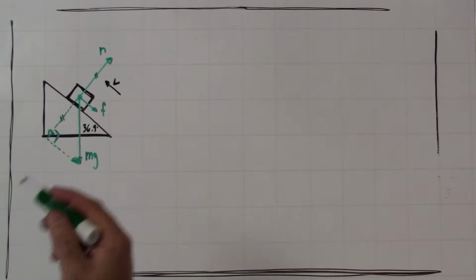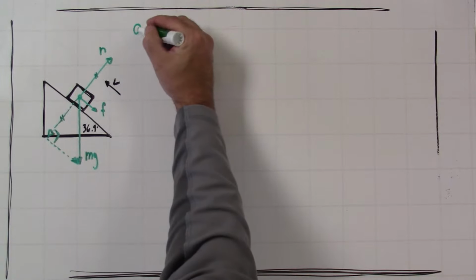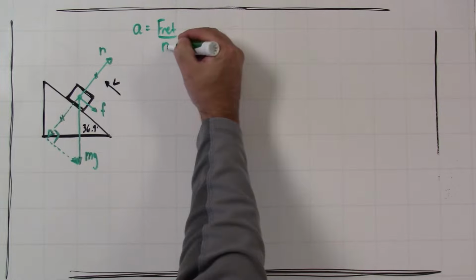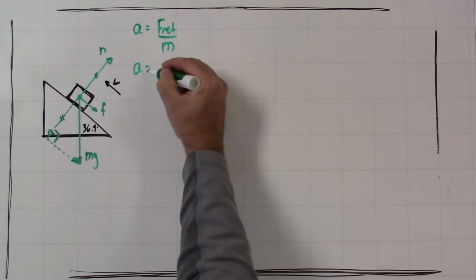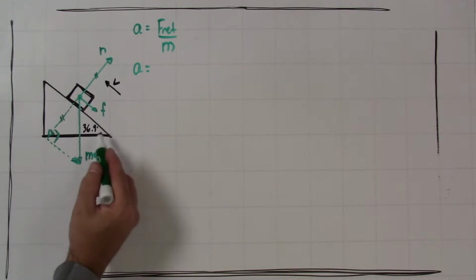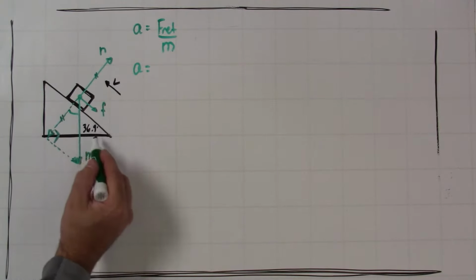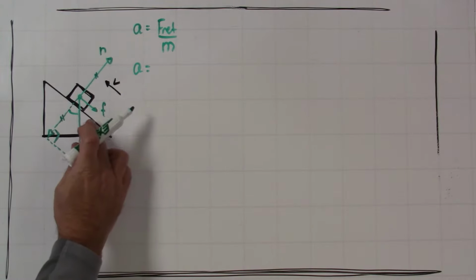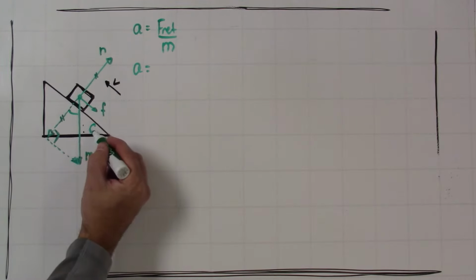So what that looks like if I draw it out is we know that the acceleration is equal to the unbalanced force over the mass. In this case, the acceleration is equal to this component right here, given this angle, the same as that angle. We're going to call this theta, actually.